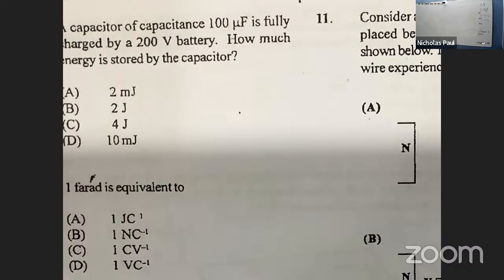Hurry up. Nikila, hurry up. Book it out, Nikila. No, sorry.